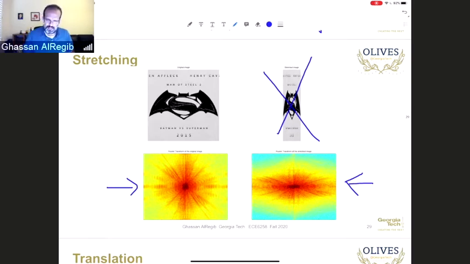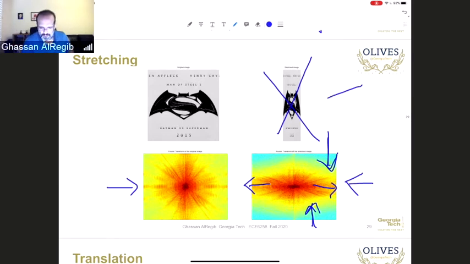What's really happening in here is as if we are applying some kind of compression. We are stretching the DFT in this direction, but we are compressing it in this direction, right? So that means I'm doing an operation where I'm downsampling in one direction over the other.